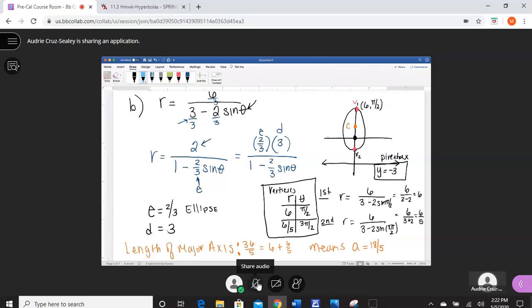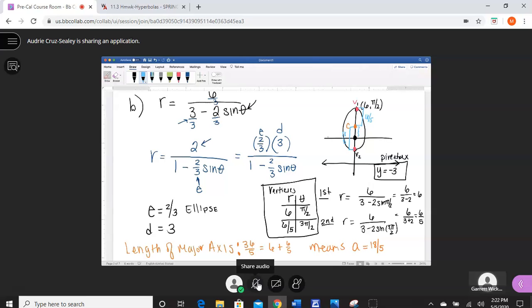That means the distance from here to here is 18 over 5, and the distance from here to here is 18 over 5. So if your center was at 0, then it would be 0, 0, 18 over 5 in each direction. But this is where your center is. That is not 18 over 5 above the pole. Does that make sense?